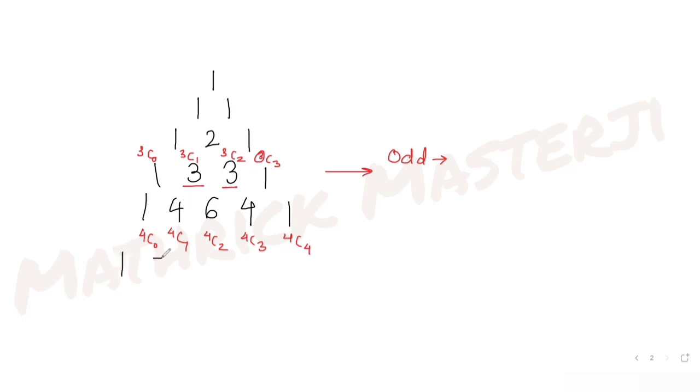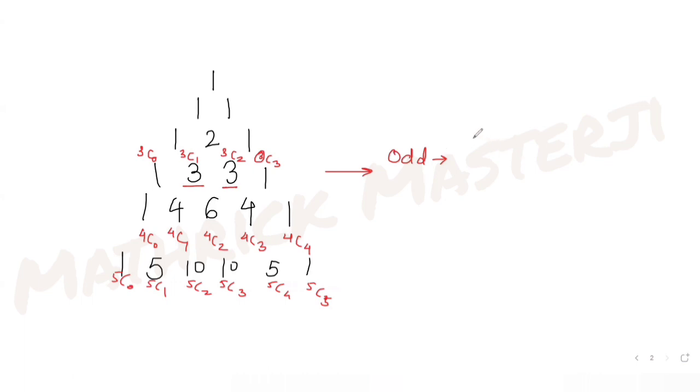I'll have 1, 5, this becomes 10, 6 plus 4 again 10, 4 plus 1 again 5, and this is 1. Now this is 5C0, 5C1, 5C2, 5C3, 5C4 and 5C5. I can see that 5C2 and 5C3 are the greatest values.